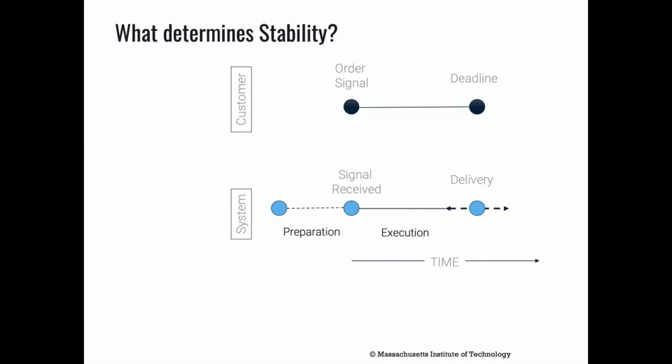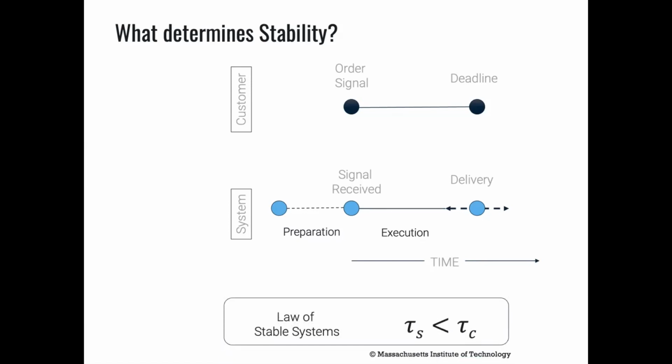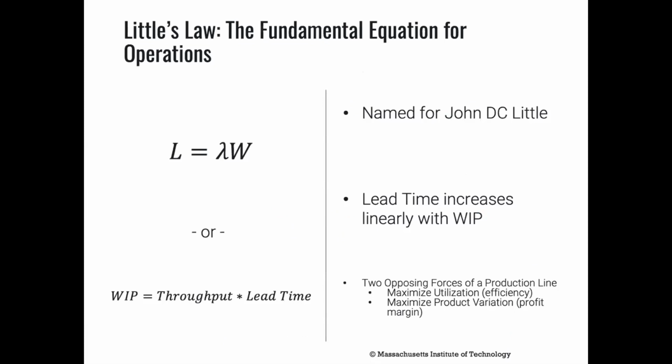And by simply investing in preparation, we can significantly reduce the system response time, and we can have a more stable system and serve our customer. So just sharing this concept that in stable systems, the time constant of the system must be less than the time constant that the customer makes a request is both simple and critical, and is a great way to communicate this information to your colleagues.